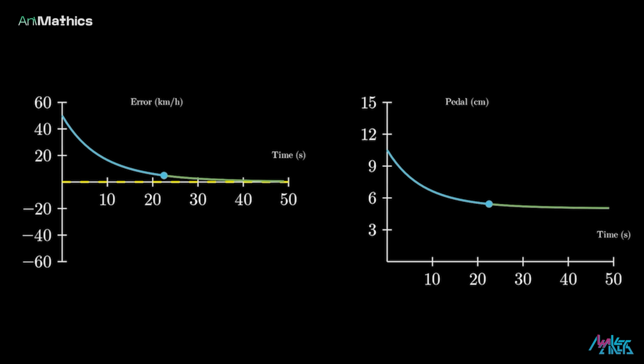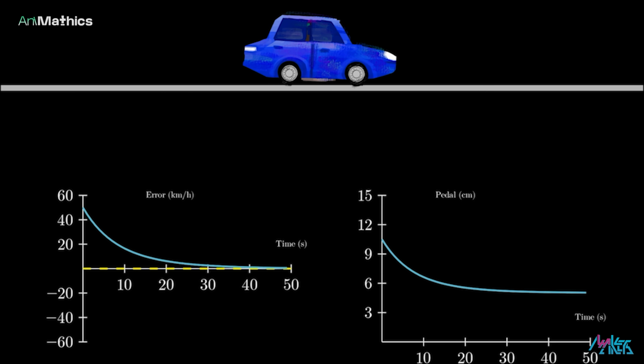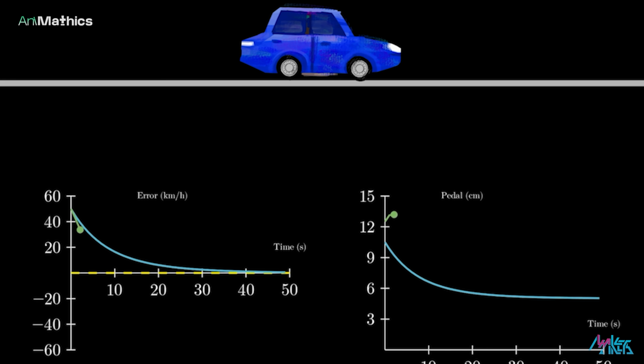But because it works slowly, sometimes it's too slow. In situations where speed changes quickly, for example when the car suddenly goes downhill or faces strong wind, P and I cannot react fast enough. Imagine when the car descends and suddenly speeds up. The P part sees the error going down, so it reduces the gas. However, the I part can sometimes build up too much when the error drops too fast.